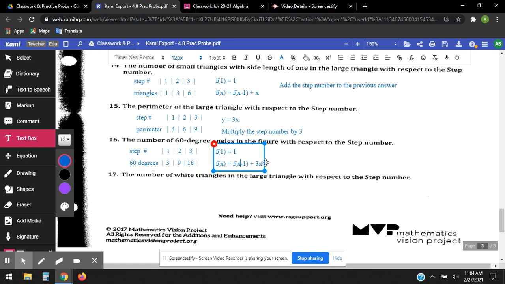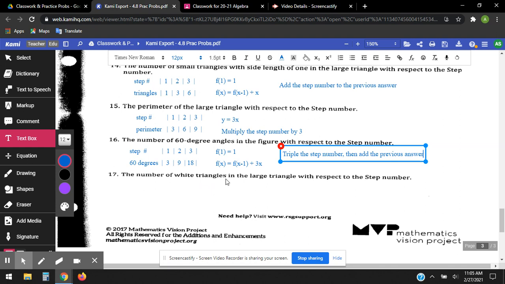So 1 times 3 plus the answer to the previous, which would be 0, is 3. 2 times 3 is 6, plus the previous, which is 3, is 9. 3 times 3 is 9, add the previous, plus 9 is 18. Okay, so that one's a little trickier. So triple the step number, then add the previous answer.